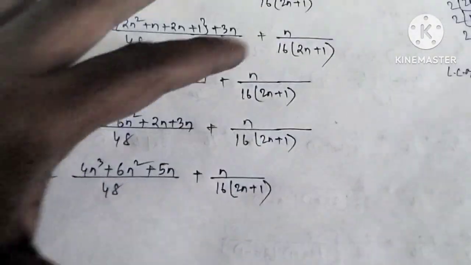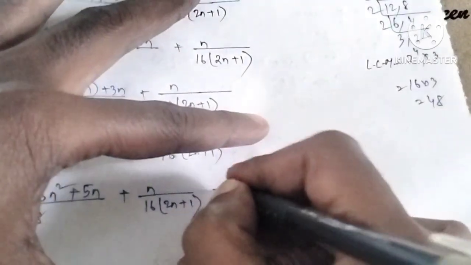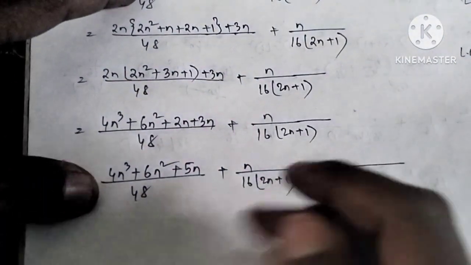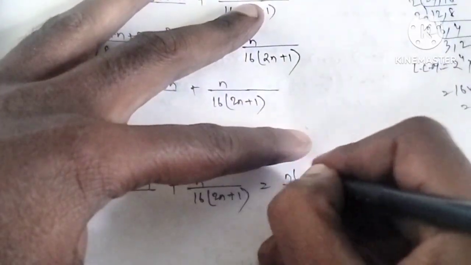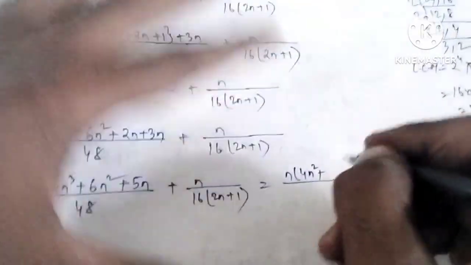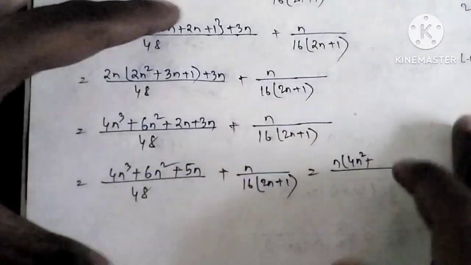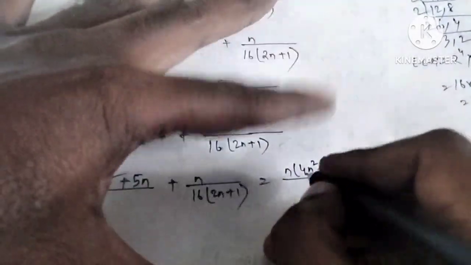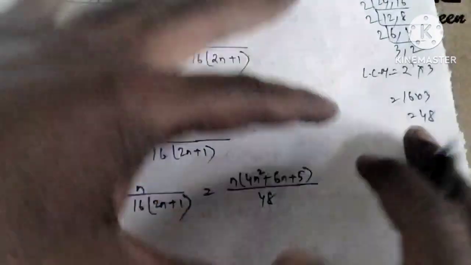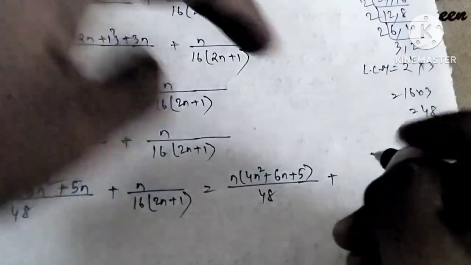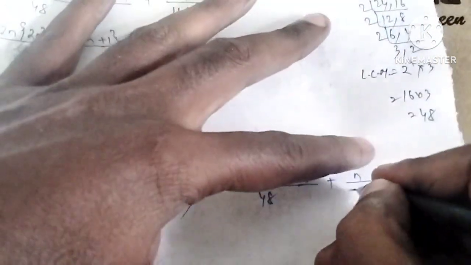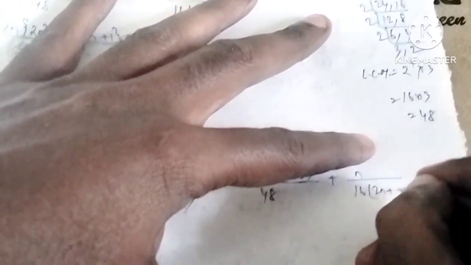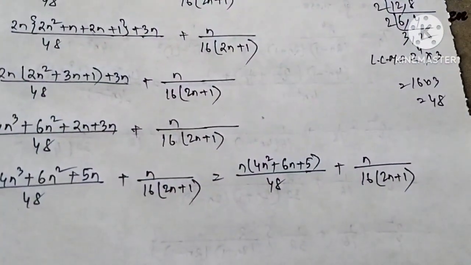So here, this can be written as, from here I can take n common, n into 4n square plus 6n plus 5 by 48, plus n into 16 into 2n plus 1.